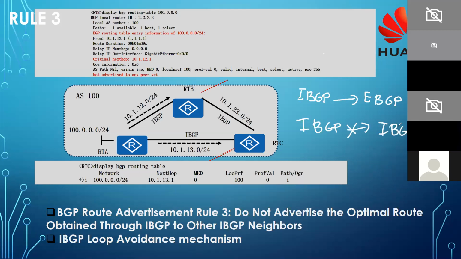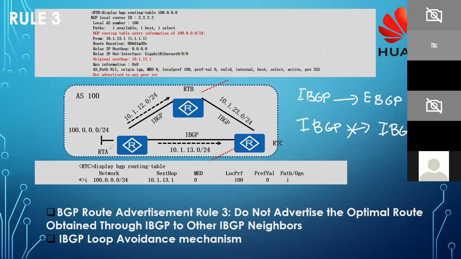It's prohibited. For example, here we have an iBGP session between RTA and RTC, RTA and RTB, and RTB and RTC. So we have a full mesh here.